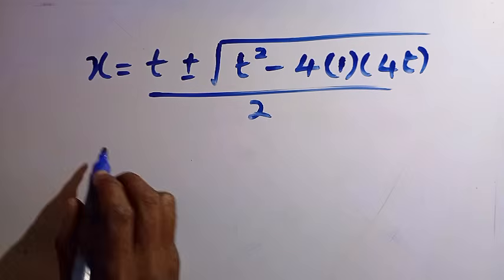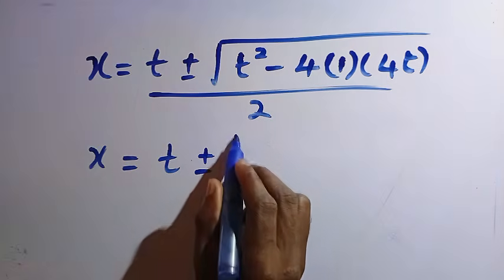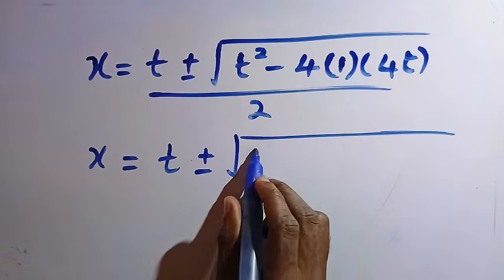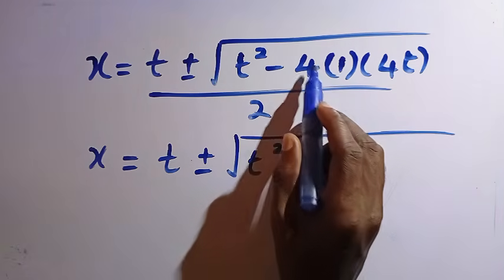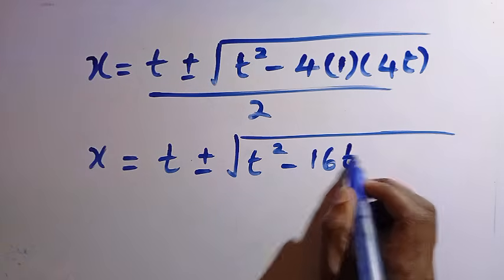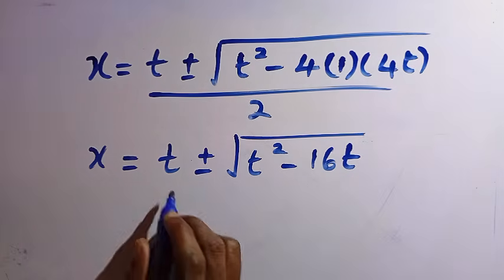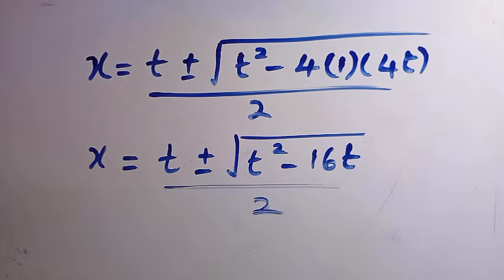So we have x equals t plus or minus the square root of t squared minus 4 multiplied by t gives us 16, then multiply by t. And from here, we divide both sides by 2.